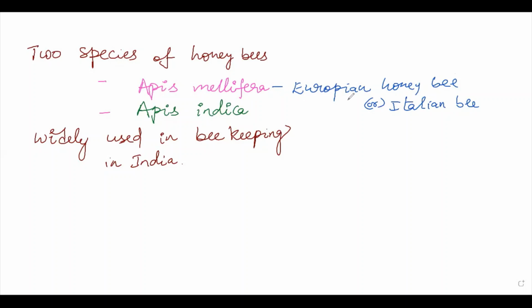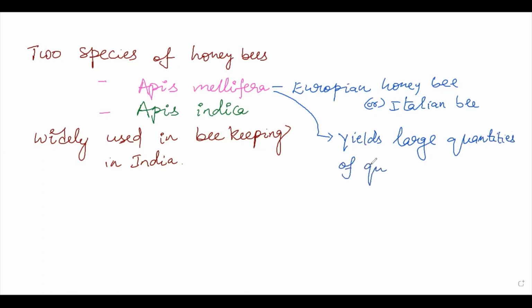This Apis mellifera is economically more valuable because it yields large quantities of quality honey. Quality honey we can get from Apis mellifera.